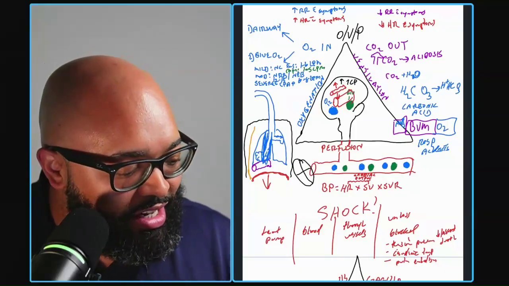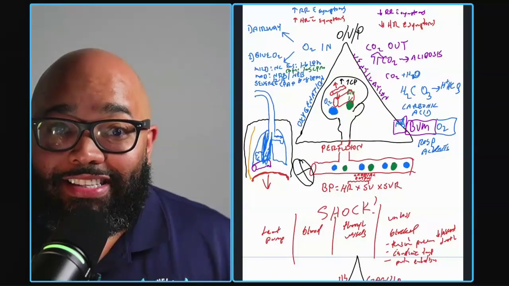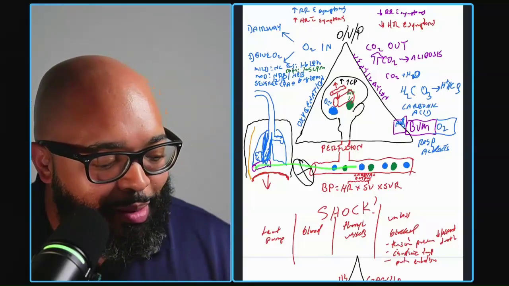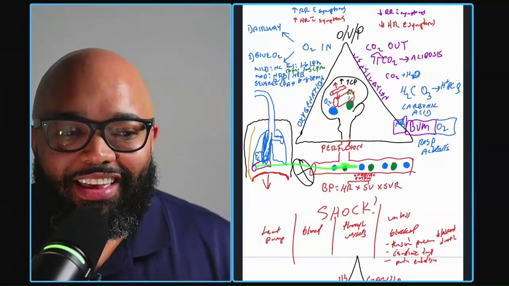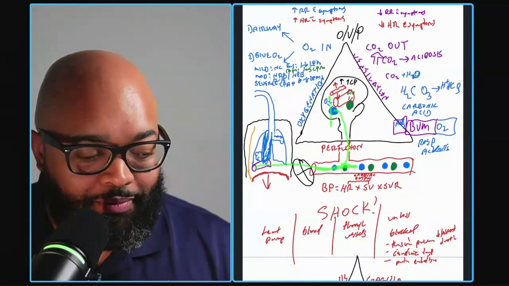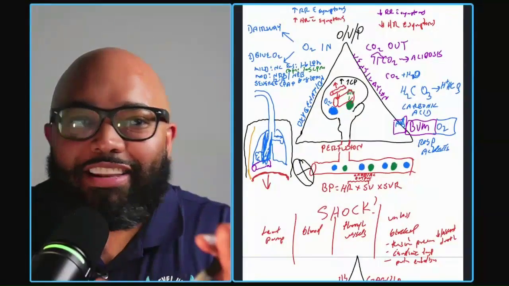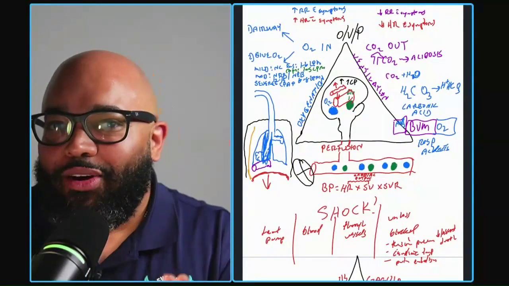So if I don't have oxygen going to the brain, what's going to happen? Altered mental status. So in carbon monoxide poisoning, we're going to have altered mental status. Let's see if the pattern works, because I'm telling you, it works for everything.